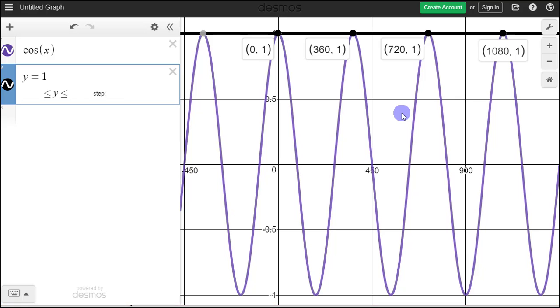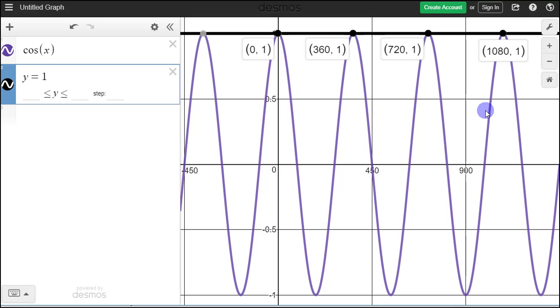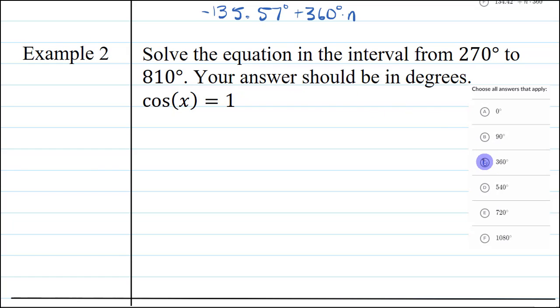So, our answer. Which of these are answers? Help me out. Which of them were answers according to our graph? 360 was an answer.